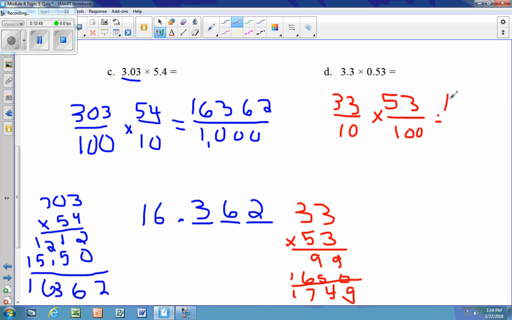And we end up with 1,749 over 1,000. And we have our answer of 1 and 749 thousandths. And that's our review for topic E.